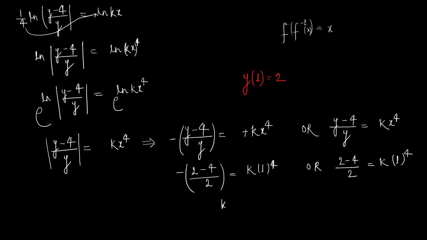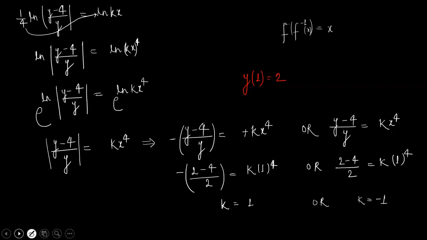Here the value of k is equal to 1, and here k is equal to minus 1. So ultimately both equations are the same.